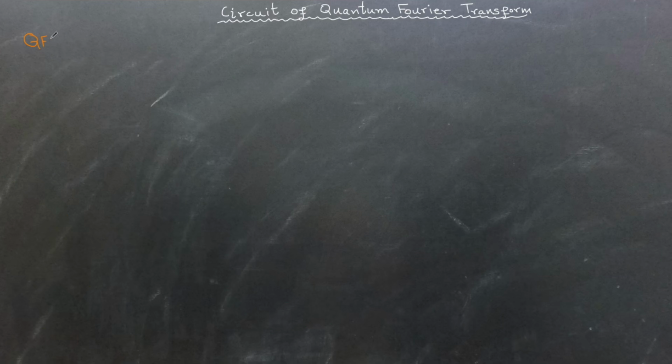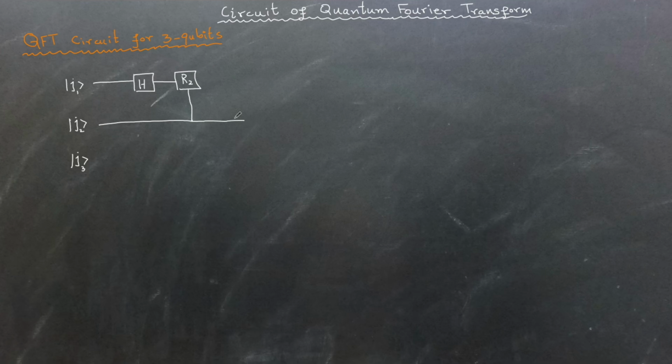Let's apply what we have learned so far to construct a quantum Fourier transform circuit for 3 qubits. In this case, we have 3 lines corresponding to qubits ket J1, ket J2 and ket J3. On the first line, we begin by applying a Hadamard gate, followed by an R2 gate with J2 as the control bit, and then an R3 gate with J3 as the control bit.